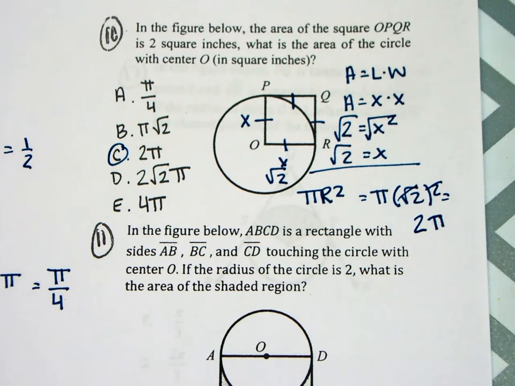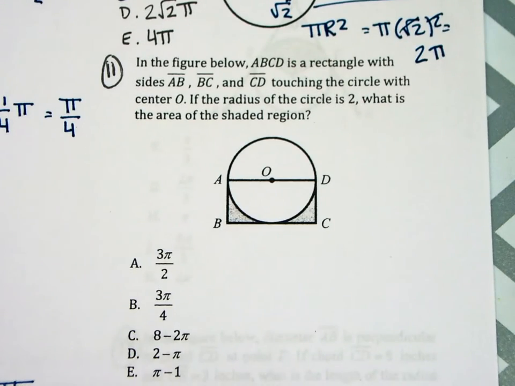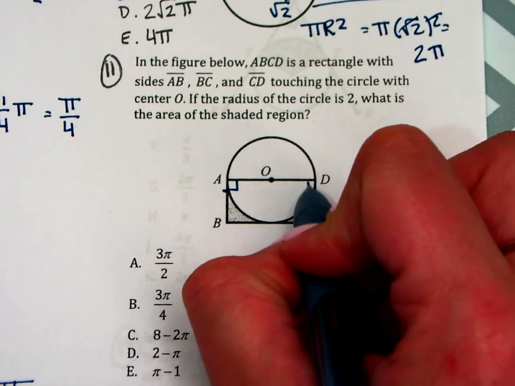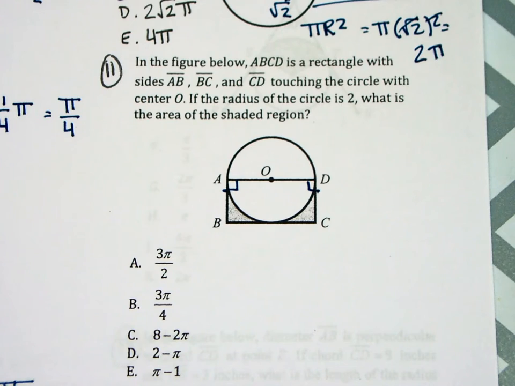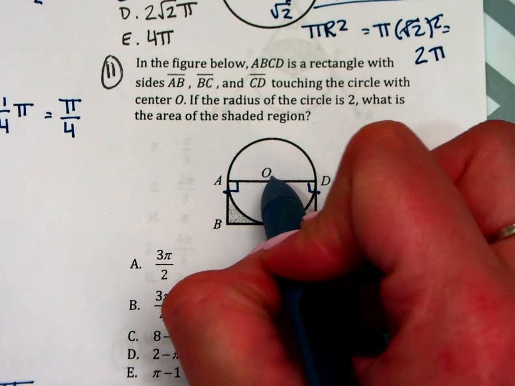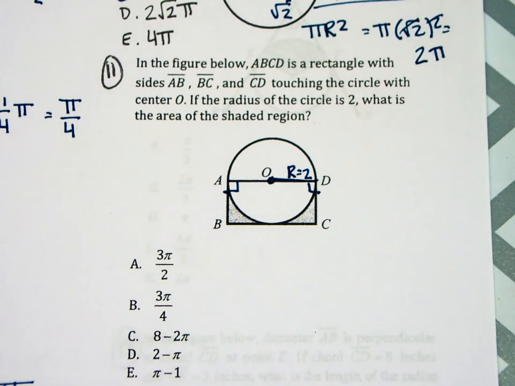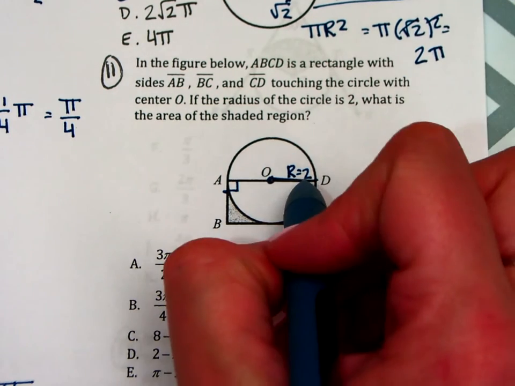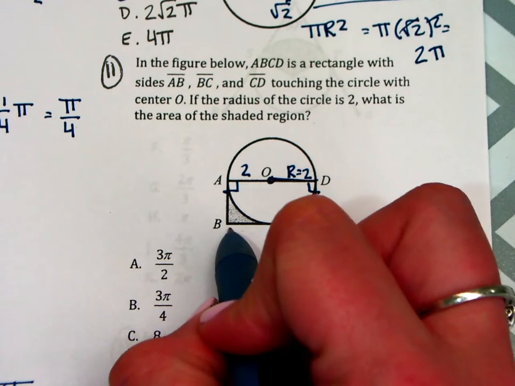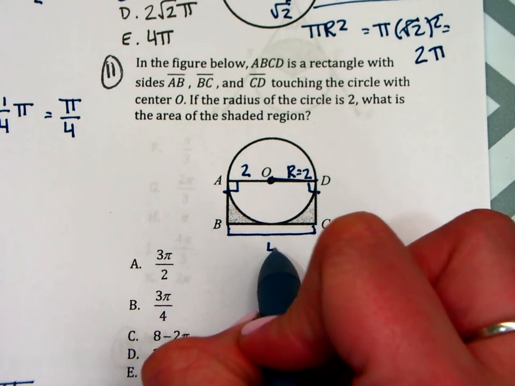In the figure below, ABCD is a rectangle with sides AB, BC, and CD touching the circle. That just lets you know that it's touching at all parts of the circle and that these are tangents, so these are 90-degree angles. The radius is 2, so from here to here we have a radius that is equal to 2. What is the area of the shaded region? Well, if this length is 2, this distance is 2, creating this measurement of 4.